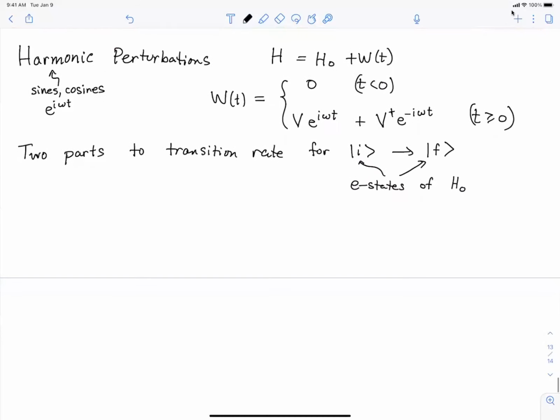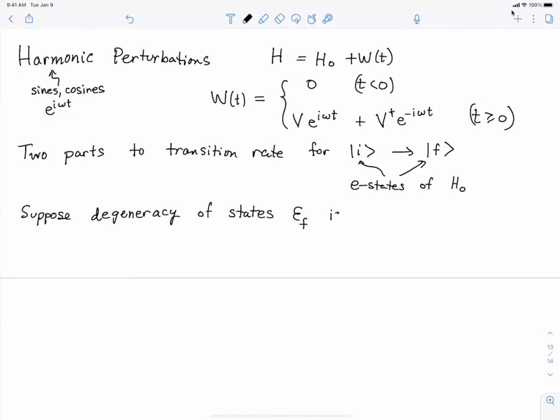Okay, now before I write these down, I'm going to add one other ingredient that we didn't put in last time, and that is that the final states might be degenerate in energy. So suppose that there is a degeneracy. Remember, degeneracy is just a number that tells you how many states have the same property. In this case, the property is the unperturbed energy eigenvalue, which I'm going to be calling curly E sub f.